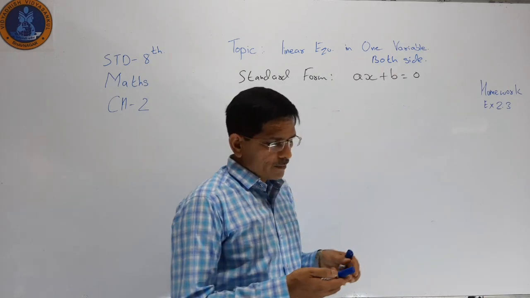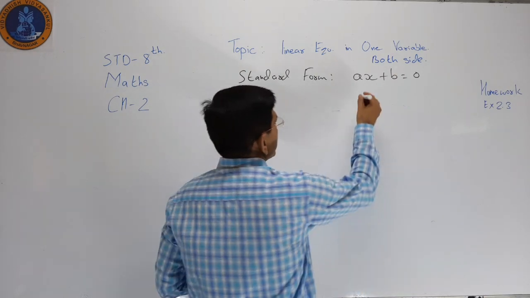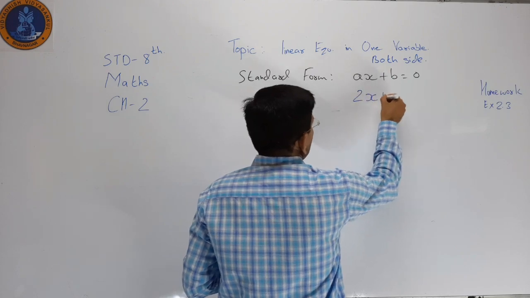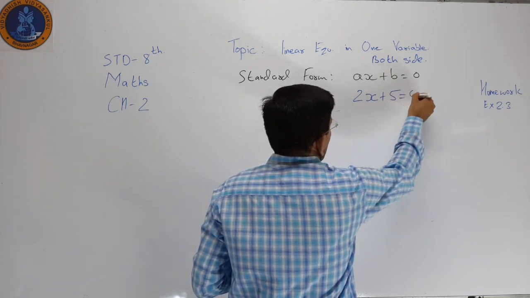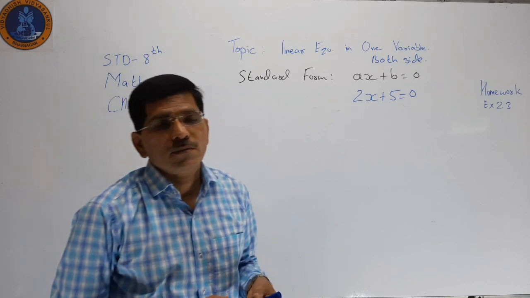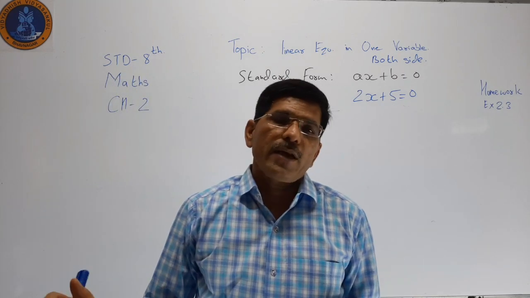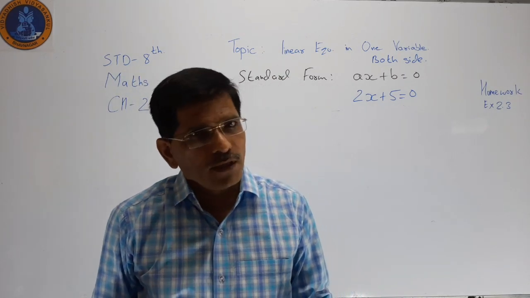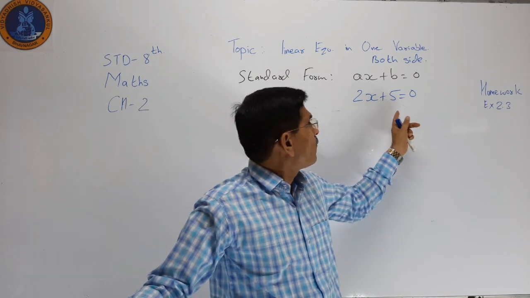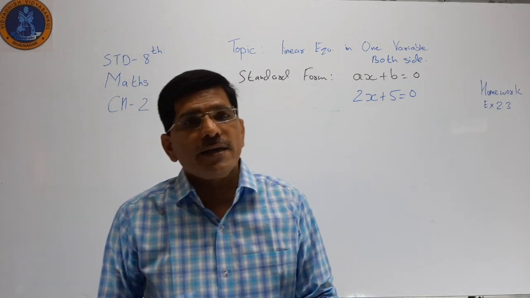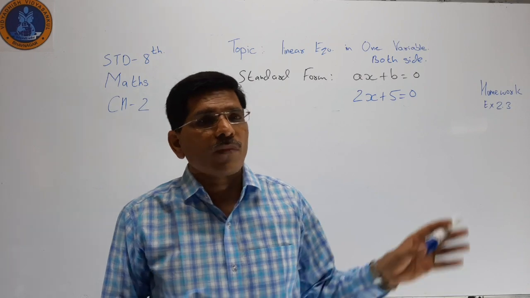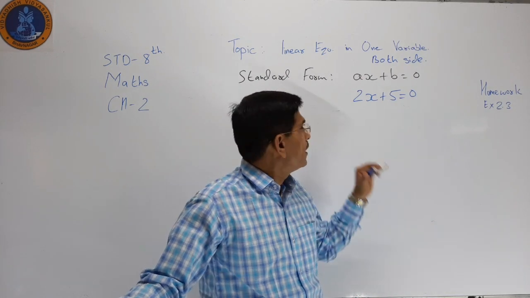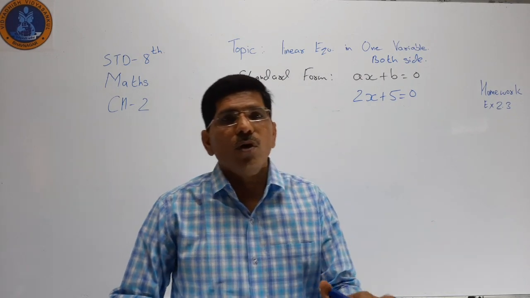Now, for example, I am writing 2x plus 5 is equal to 0. What is the constant term, what is the variable, and what is the coefficient? 5 is called the constant term, x is called the variable, and 2 is called the coefficient of x.